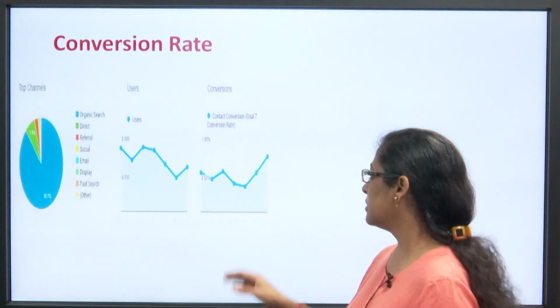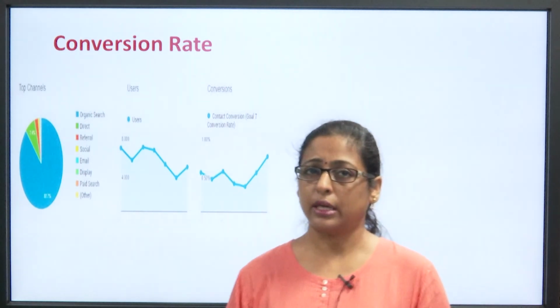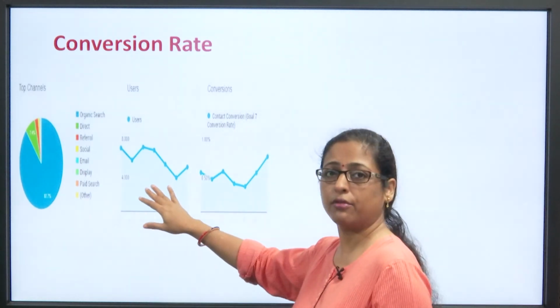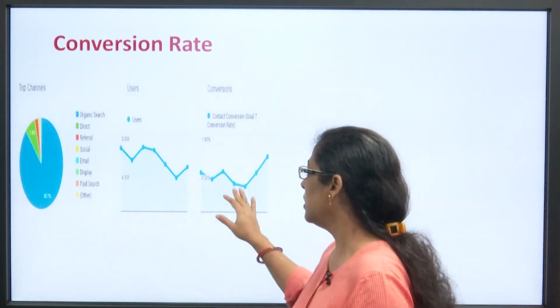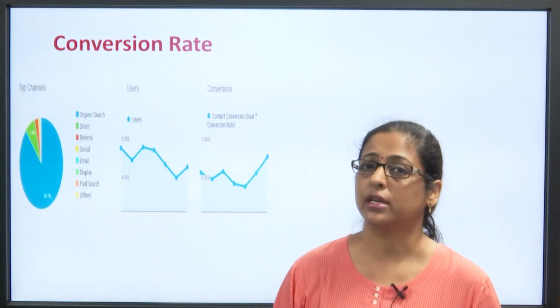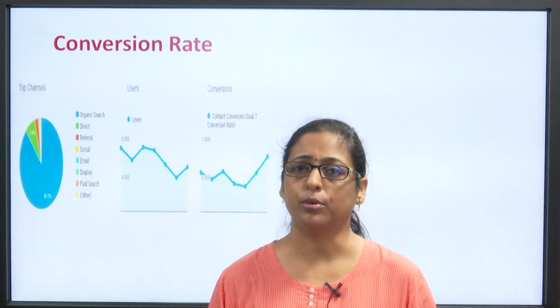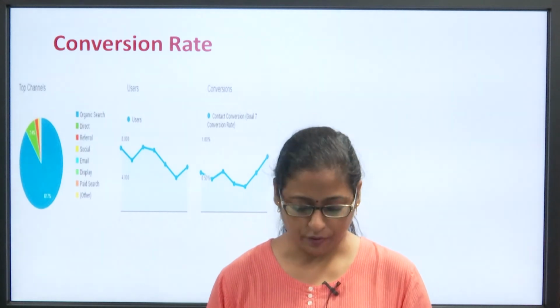This calculation helps understand the conversion ratio. For example, out of 8,000, it has been only 1, and so it is quite poor. And so, what efforts can be taken up to enhance the return on investment? This is the first method.